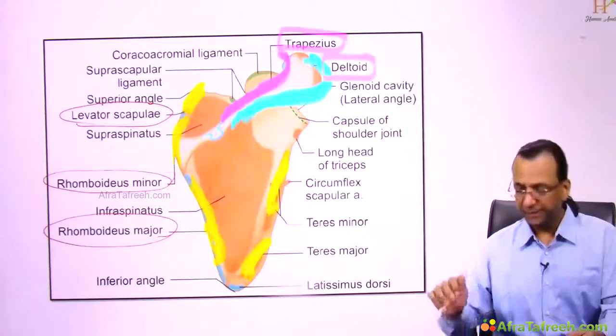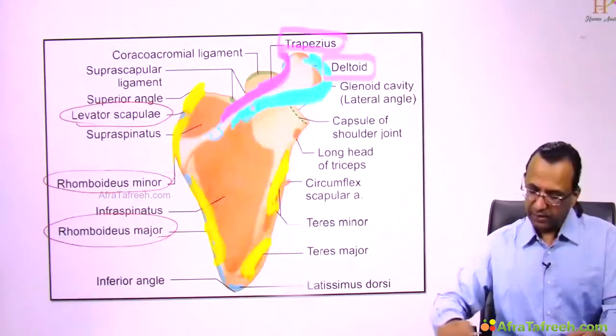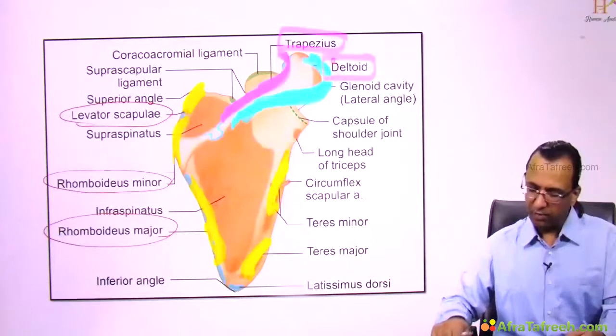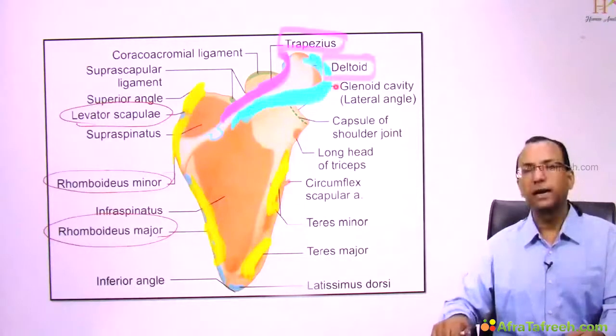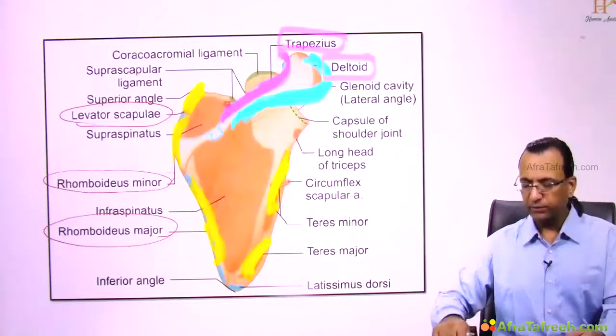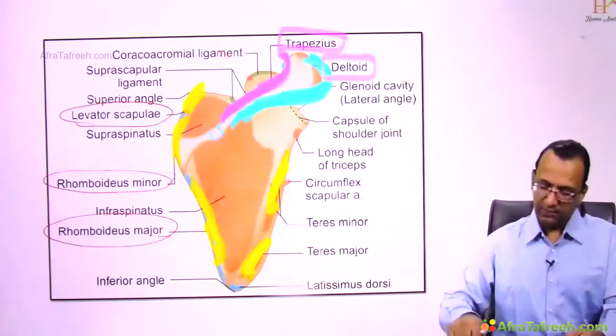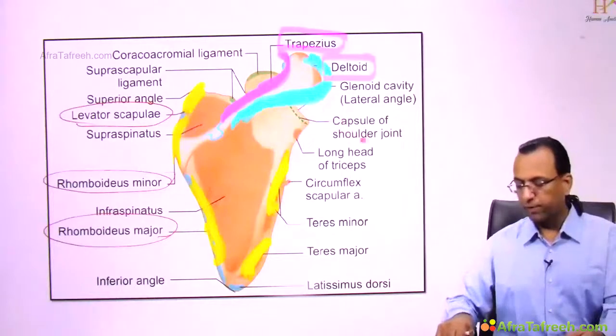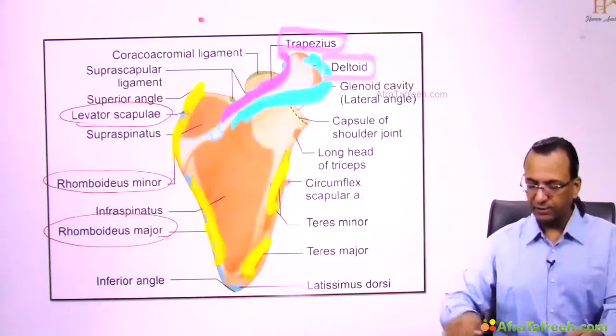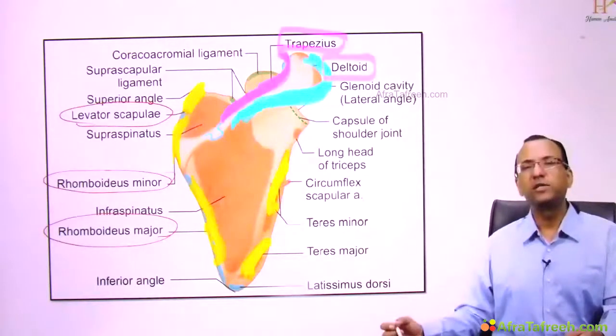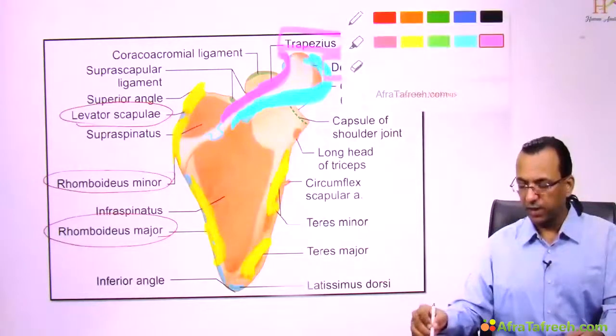The lateral border of the acromion process is deltoid, and the superior border of the spine of the scapula and the middle border of the acromion process is trapezius. Trapezius comes from above and the deltoid is coming from below. Then you will see there are some muscles which are above the spine.